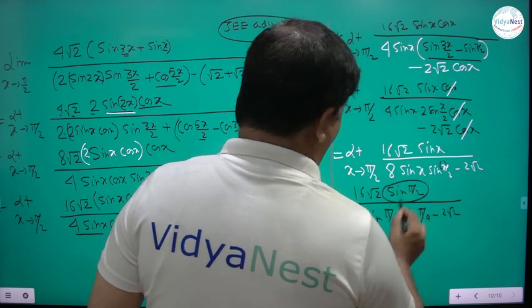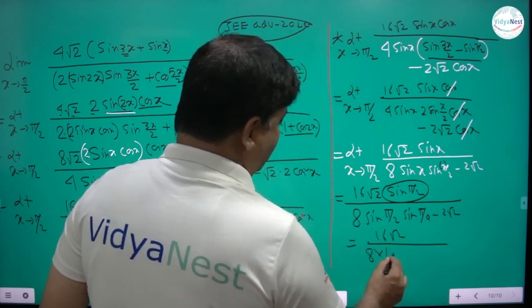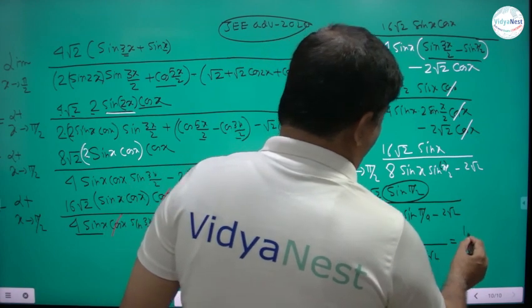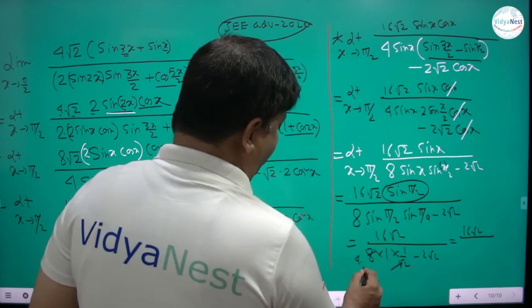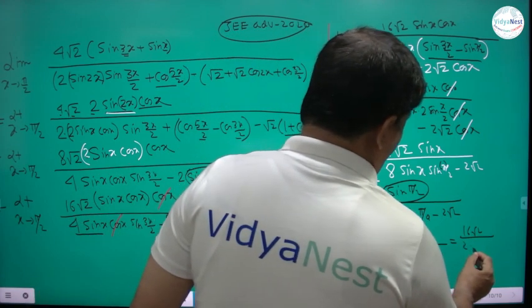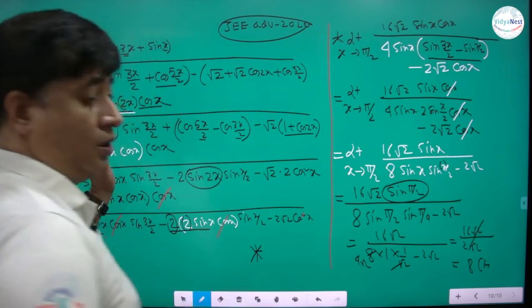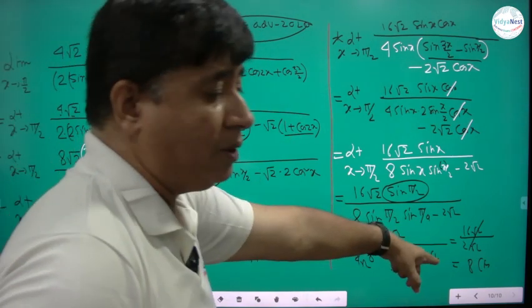Sin pi by 2 is 1, so 16 root 2, 8 into 1 by root 2 minus 2 root 2. Root 2 and 8 cancel, giving 4 root 2. So 16 root 2 by 2 root 2, the answer is 8. So the sum which looked very gigantic is reduced to a simple value.